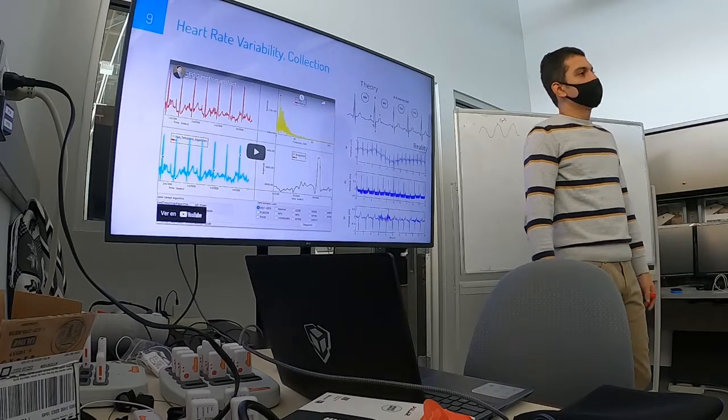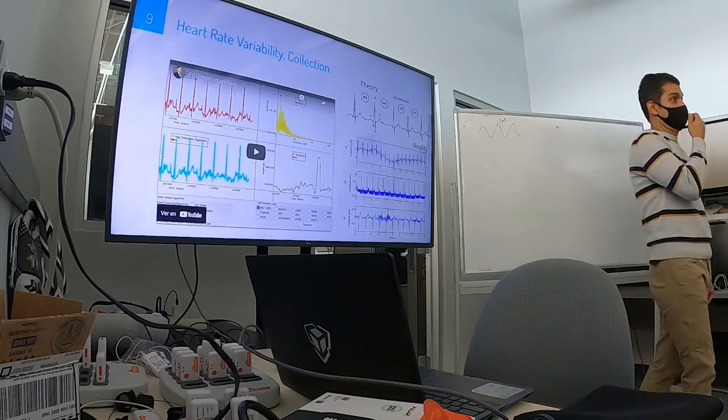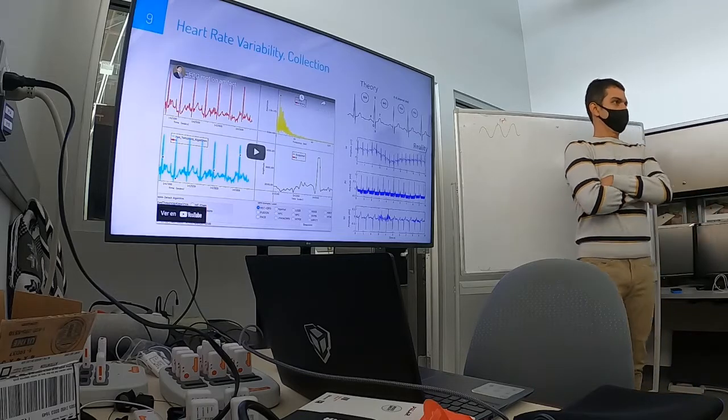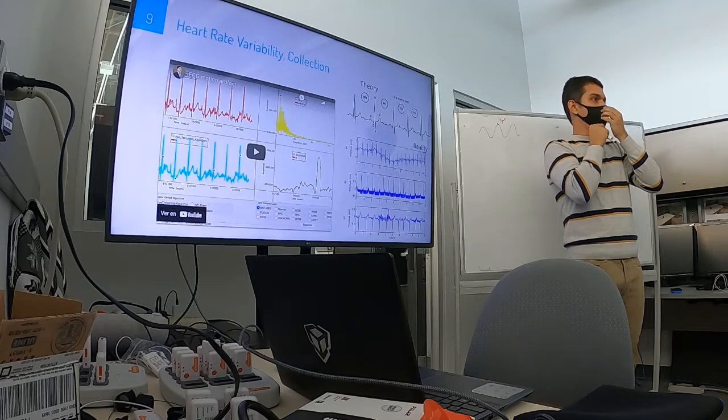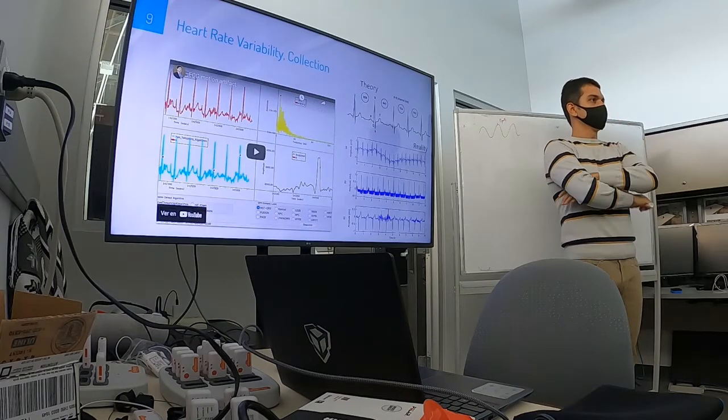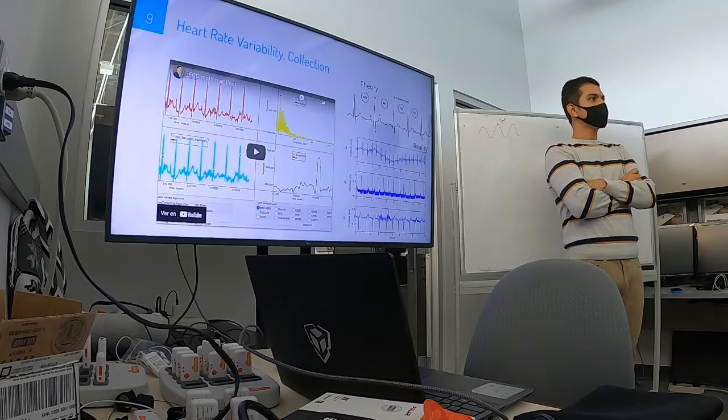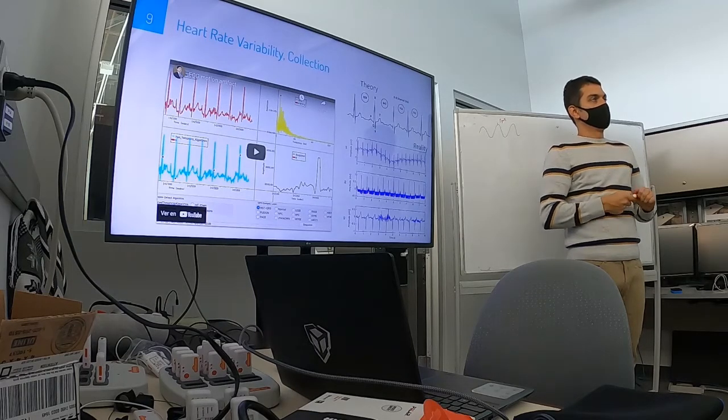So you're measuring basically two different parameters from the heart. Maybe the ECG is more the functionality, the electrical part, and the other is more the mechanical part, or the strength, how effectively the heart is performing.